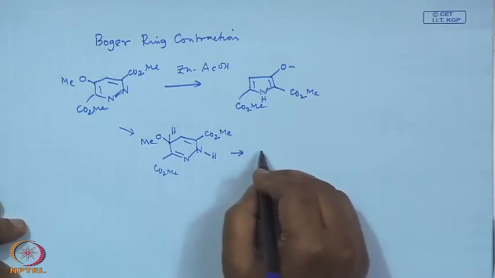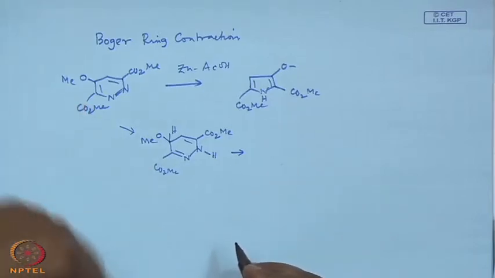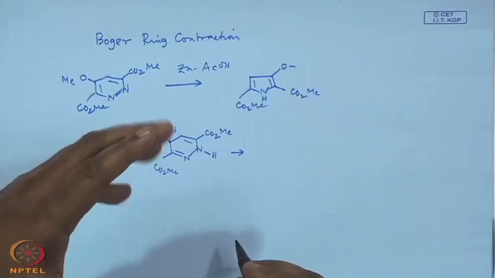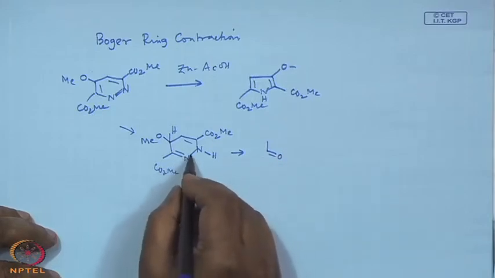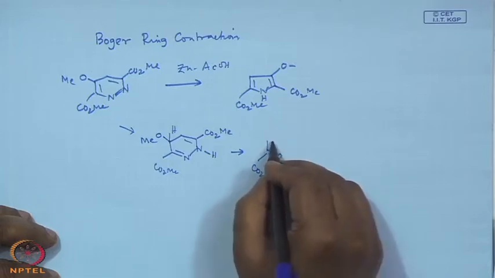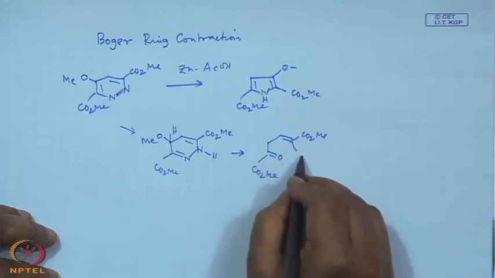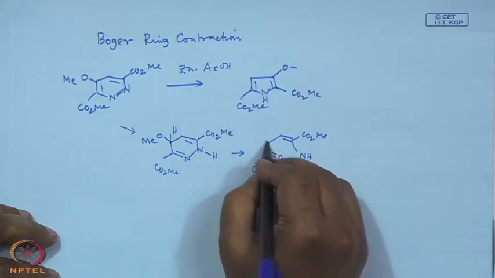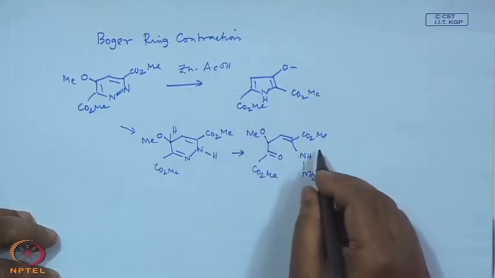Then, up to this first everybody agrees, but for the rest there are so many different possibilities. Okay, nitrogen can break and this thing that thing, but what Boger suggested is that the bottom portion, this one is an imine. So, it will undergo hydrolysis, and then you have the rest of the thing here NH, and then you have NH2, and this is OMe, right, OMe. So, basically you get the hydrazine kind of thing.